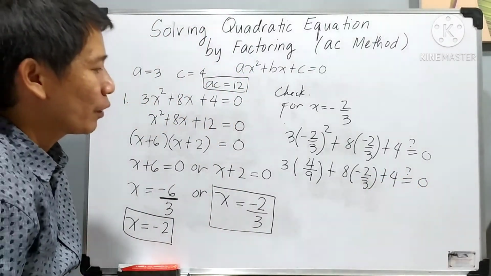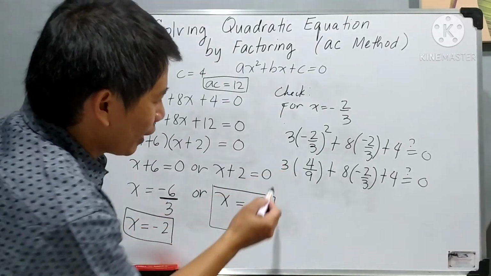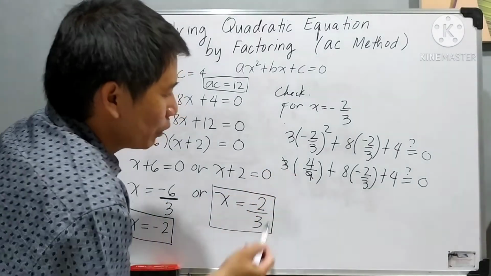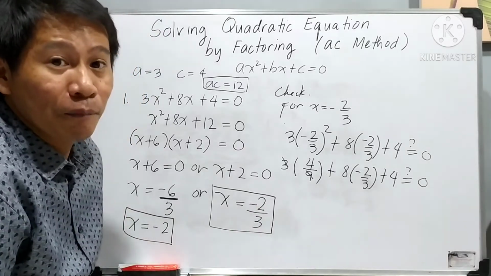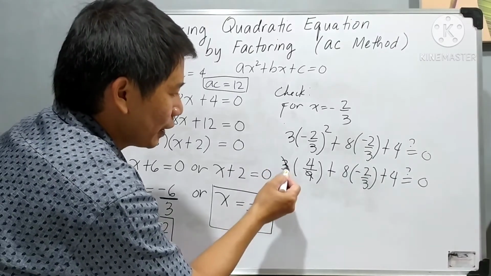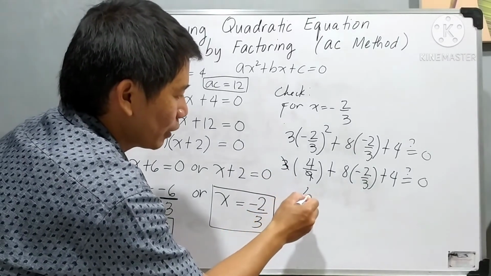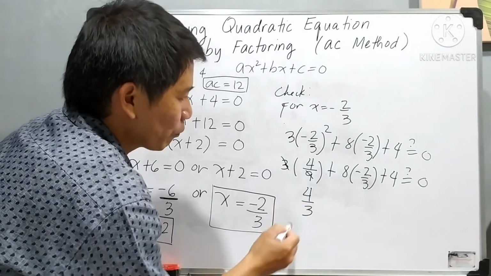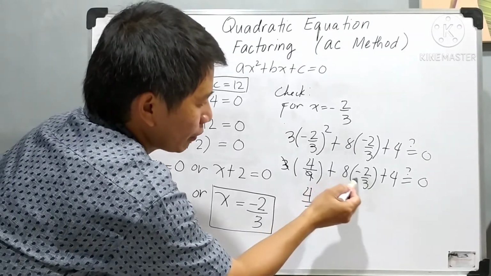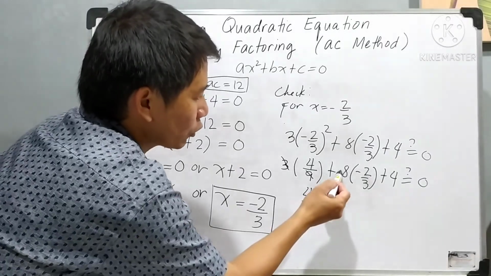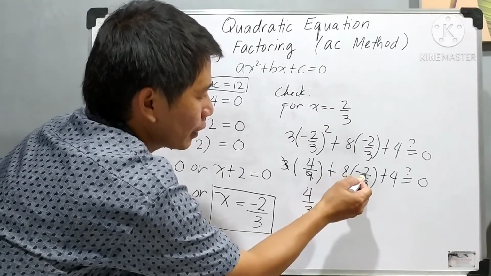Let us see. So here, we can cancel out 3 and 9 because they are divisible by 3. So, cancel na to. So, 9 will become 3, so, magiging 4 over 3. Okay, here, we cannot cancel 8 by 3. So, all we need to do is to multiply this. So, 8 times negative 2.